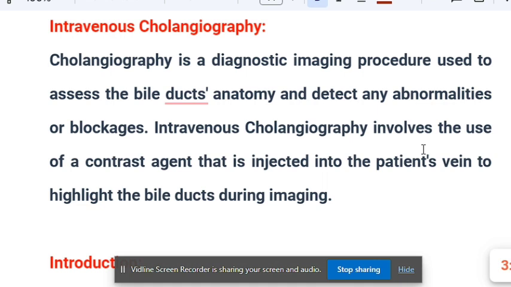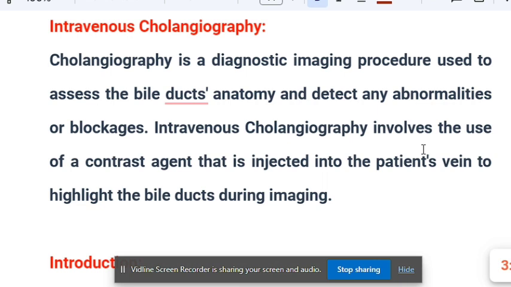We position the patient in the same way. So, why do we do intravenous cholangiography if we can do oral cholecystography?